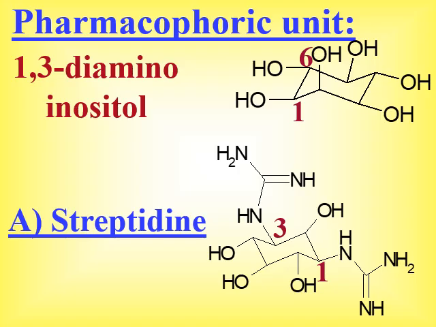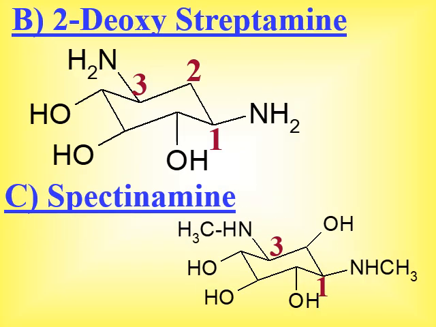So the first type of 1,3-diamino inositol is streptidine, and it contains 1 and 3 guanidine, and the prototype is streptomycin. The third one is spectinamine.